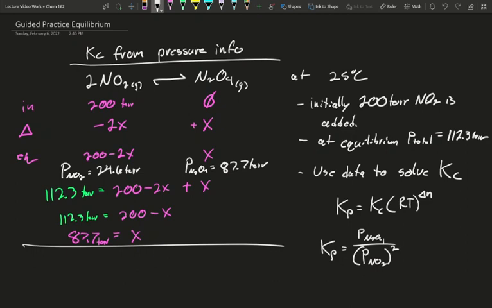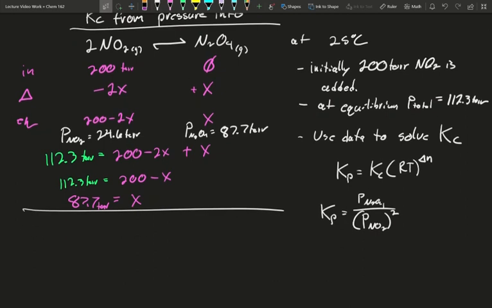I can solve for Kp. My Kp is going to equal 87.7 over 24.6 squared, or 0.14492, which means we now have the value for Kp.